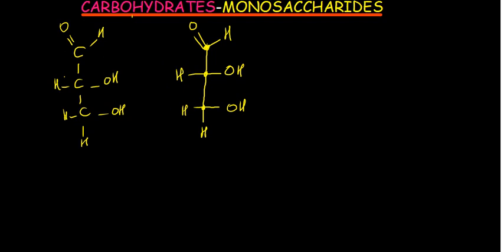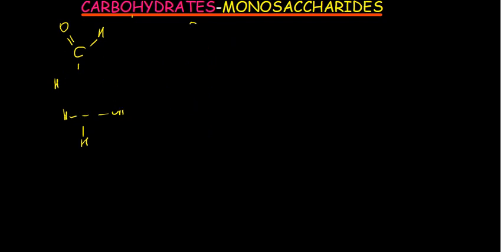Okay. So we have isomers, as you saw with D-glyceraldehyde and L-glyceraldehyde. Now let's look at the types of isomers.